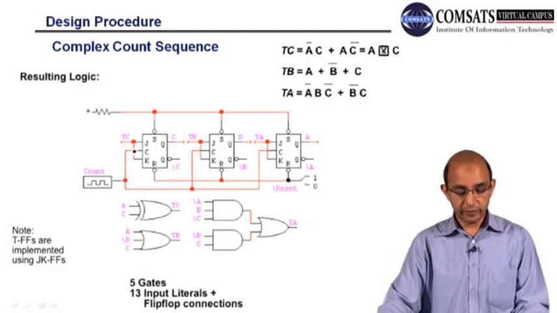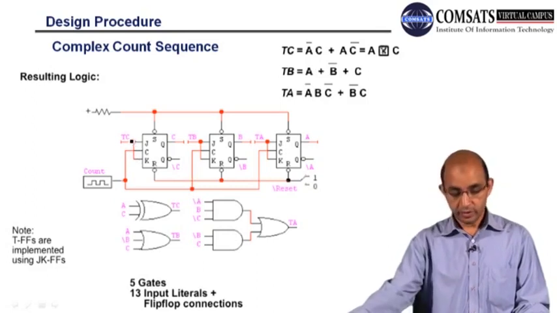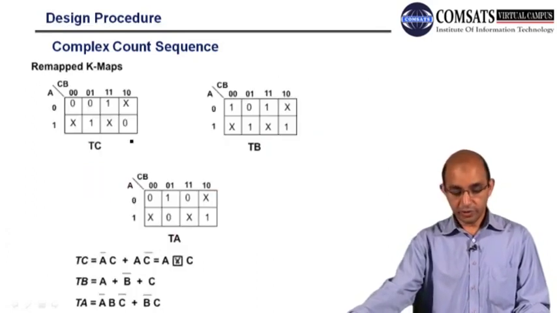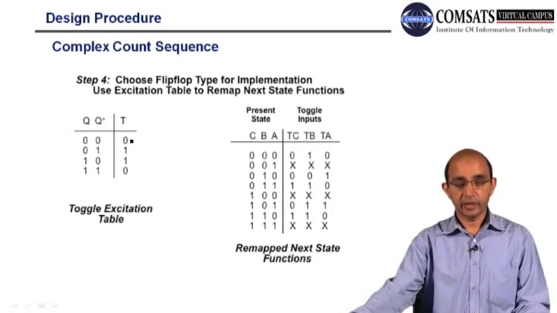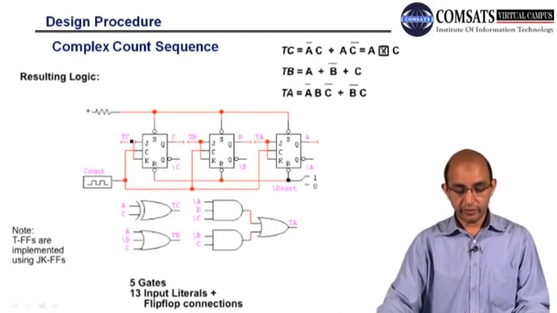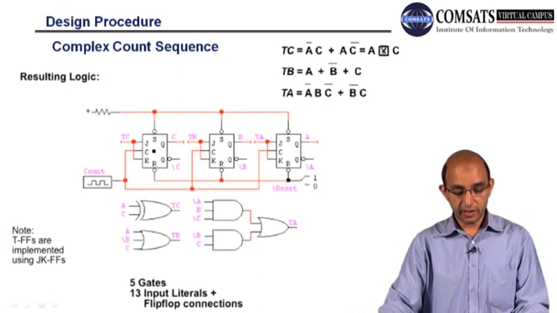We have made all the computations taking the T flip-flop. Here we are looking at JK flip-flops. We have actually converted the JK into a T flip-flop by joining the two inputs. By joining J and K we have the T flip-flop.